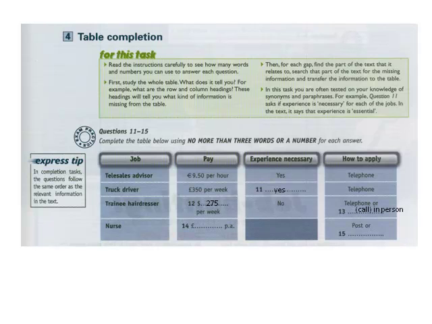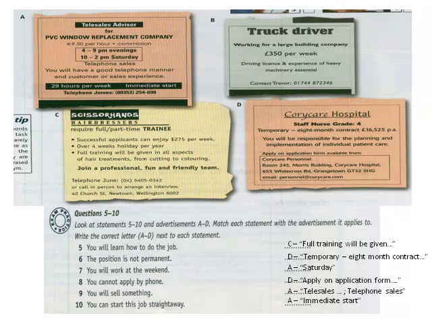Now let's look at the nurse and see what the pay is for the nurse. Okay, Corey Care Hospital, staff nurse, grade 4, temporary, 8-month contract, £16,525 PA. You will be responsible for the planning and implementation of individual patient care.